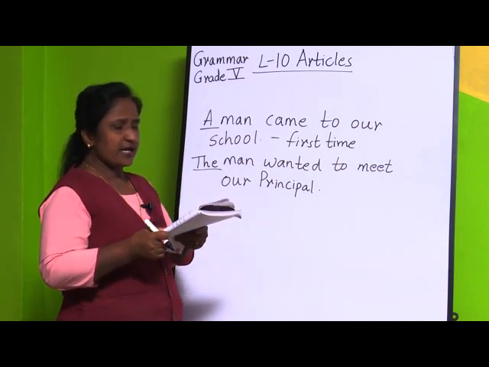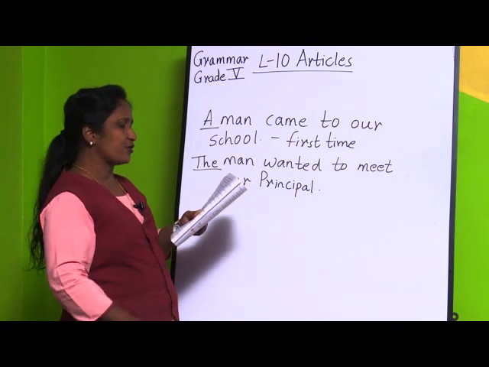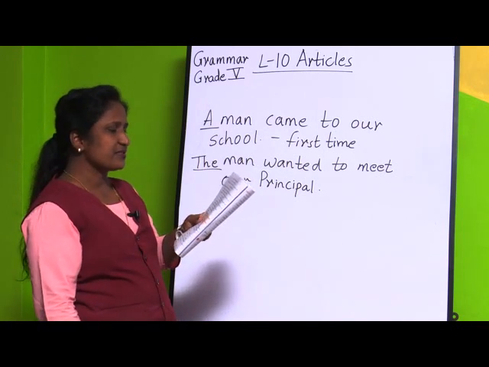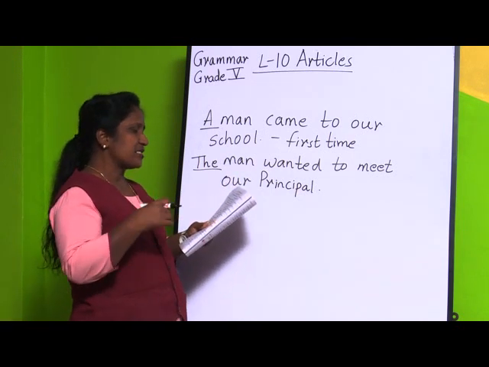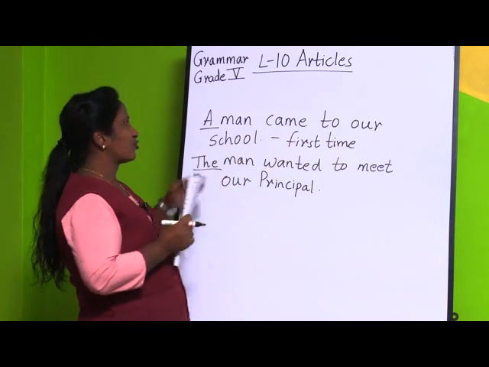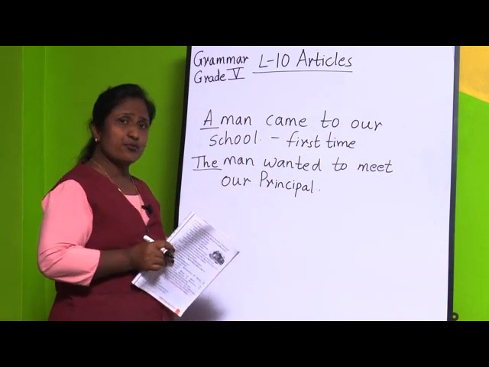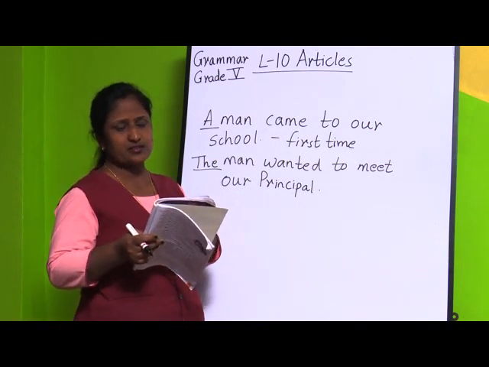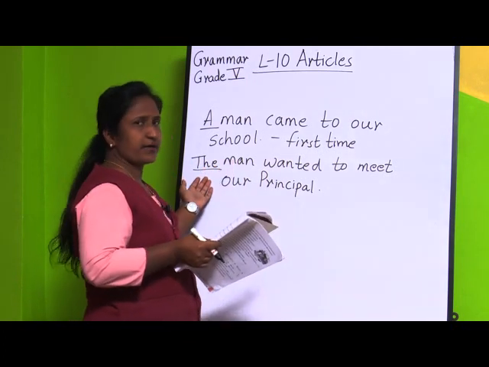Second is what? At times even when we have not used a noun earlier, it is very clear what we are talking about. In such cases also we use the. Now, see the example: The television is switched on. We know which television. Though we have not talked about the noun earlier, we use the television.